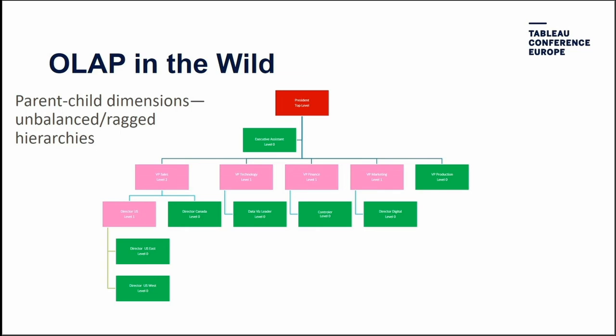So, unbalanced and ragged hierarchies. Unbalanced being a hierarchy where you have different premature termination of levels. So some branches of the tree end at level 1, some branches end at level 3, and you're never quite sure how far down you can drill before you hit the root node. Or ragged hierarchies, where we might be missing a level altogether and it jumps straight from the top tier to level 0 without having a level 1 in the middle.